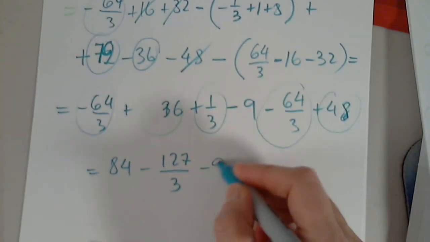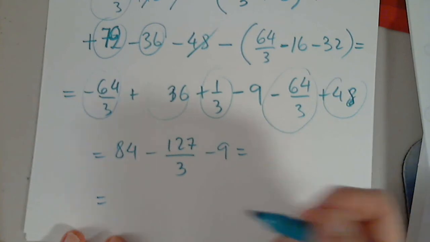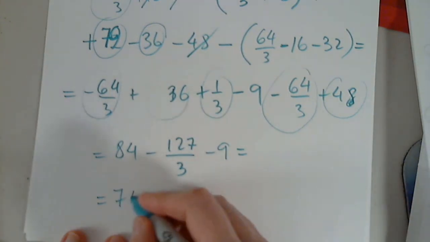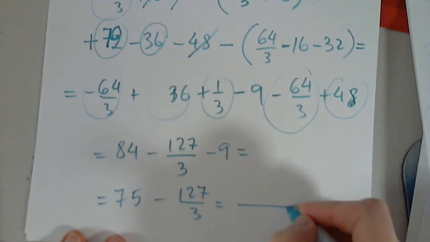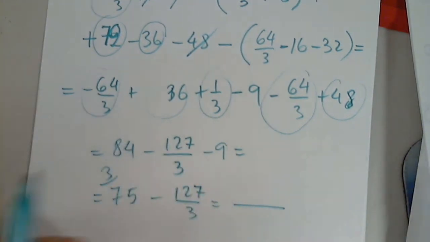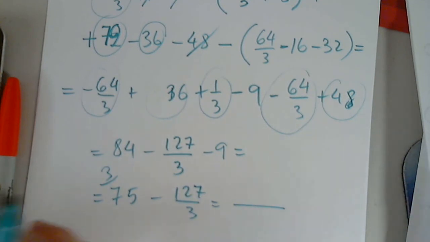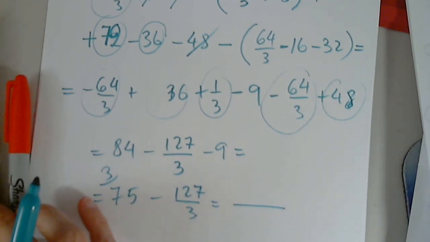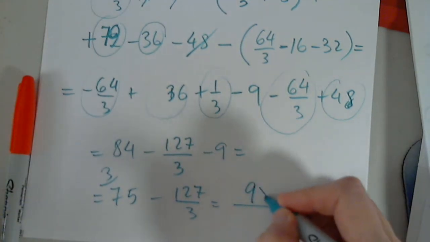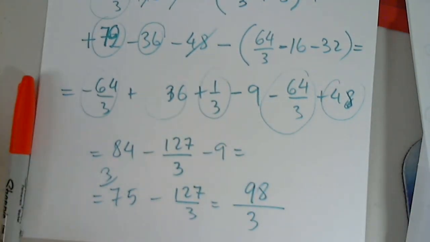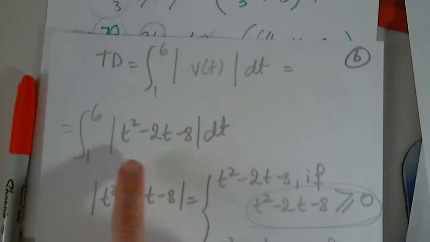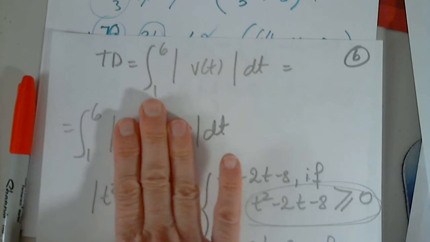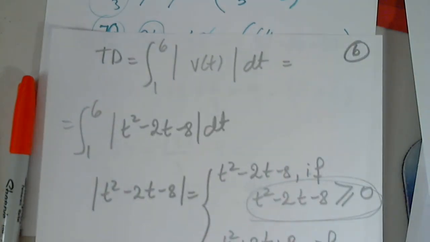And I forgot minus 9. Okay. So that is 75, is it? Minus 127 over 3. So I multiply this by 3. So 75 times 3, but minus 127. And that's 98 over 3. And that is the total distance. You understand that when we calculate an integral from a positive function, the answer has to be positive.